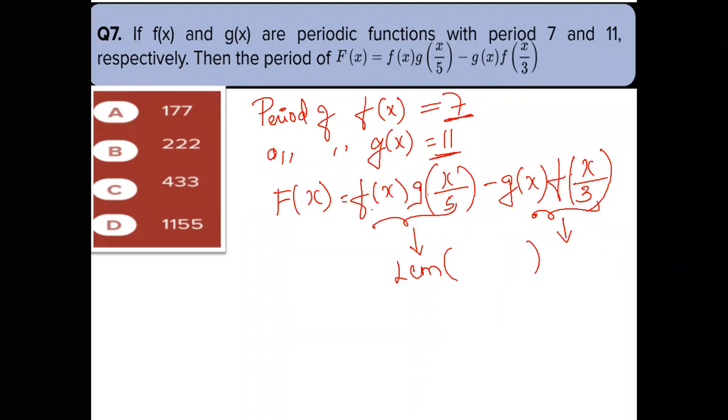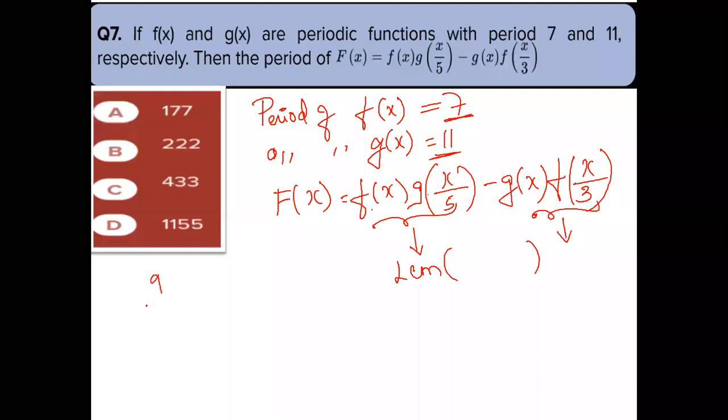See, periodic functions are very sincere, very loyal, with respect to their period. Whatever happens to the function also happens to the period. It is like a loyal friend: if something upsets you, it upsets them too. So if something happens to the function, the same thing is applicable to the period as well.